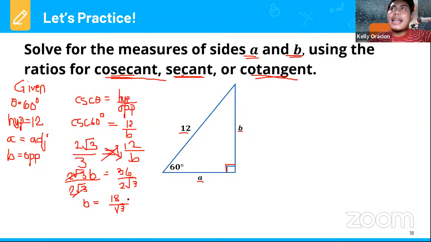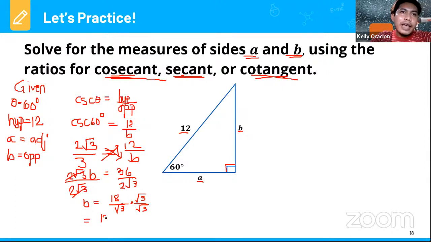And again, dito nagkaroon tayo ng radical sign sa denominator, and again, it's against the rule. We need to perform rationalization, rationalizing the denominator. Kasi bawal magkaroon ng radical sign sa denominator natin. So multiply it by square root of 3, both numerator and denominator.